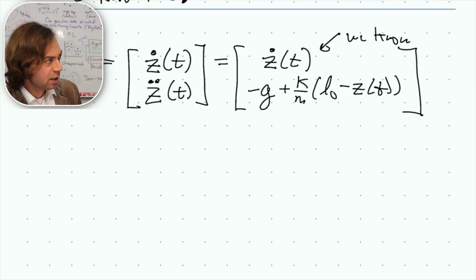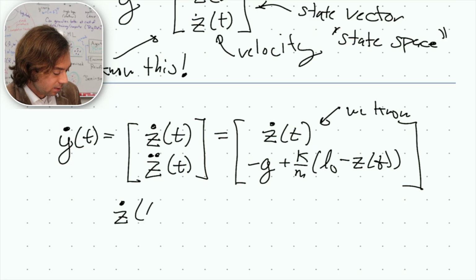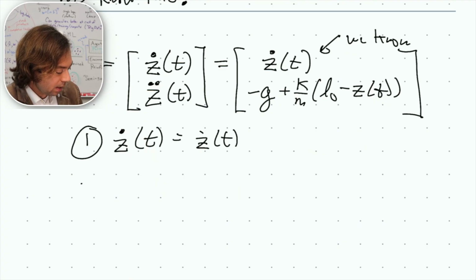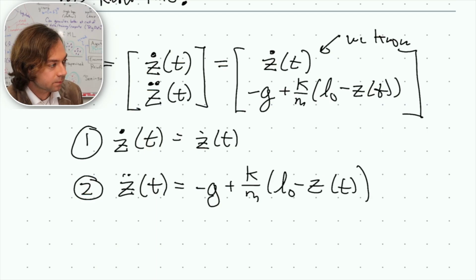Now, this notation may or may not look familiar to you, but really all it's saying is that we can define the time derivative of position as being equal to the velocity. That's one equation. And for our second equation, z double dot of t, the time derivative of velocity, is equal to minus g plus k over m, L0 minus z of t.